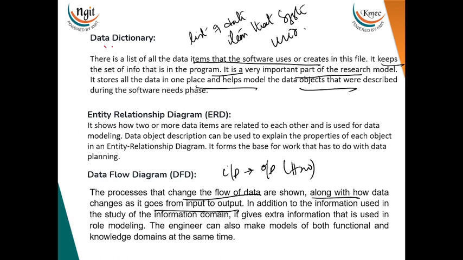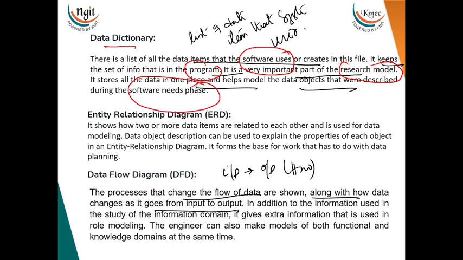What is a data dictionary? It is the list of all elements of the software, the list of data items that are used to create the file. It is a very important part of the product. When we started our project, what are the things we have stated and where are they. This stores the data in one place that helps the model describe the data objects during the software needs process.